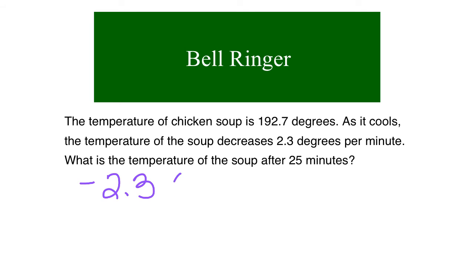So we want to multiply by 25. So negative 2.3 times 25 is equal to negative 57.5. This tells us that the soup temperature is going to decrease 57.5 degrees.